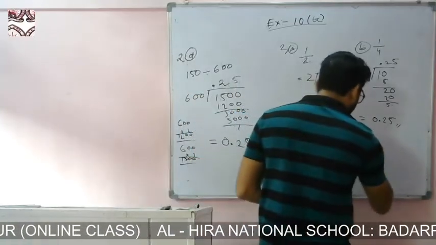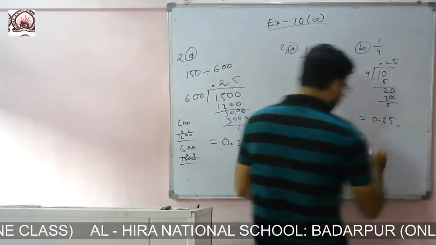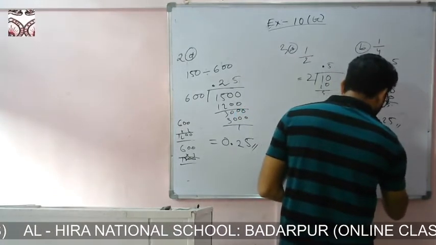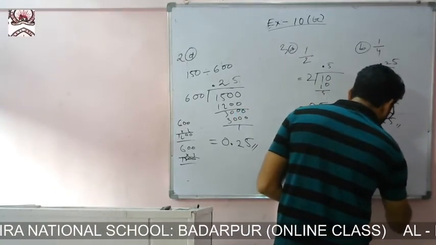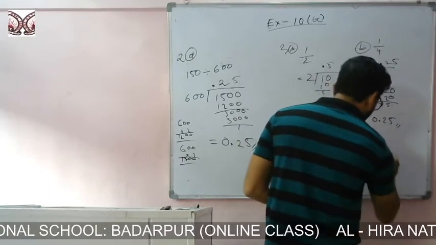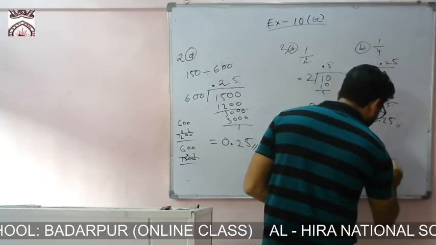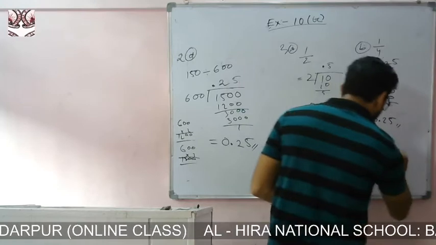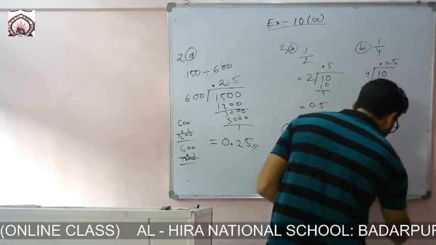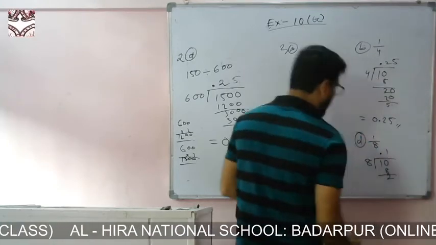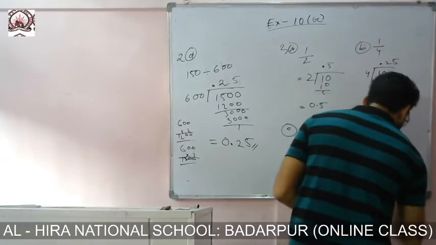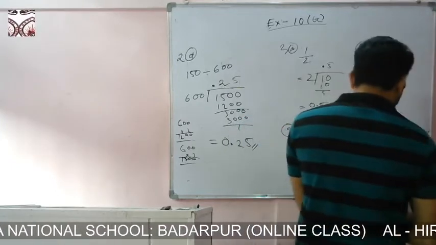Now come to D. D, what you see? 1 by 8. So 8 divided by 1. That means we'll put a point. Then we'll bring 0. Then 8 1 is 8, 8 2s are 16. Then 8 1 is 8. Here remain 2. So point is there. We'll bring 20, we'll bring 0.